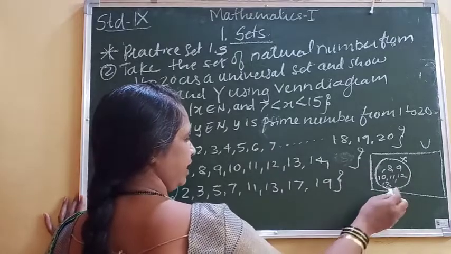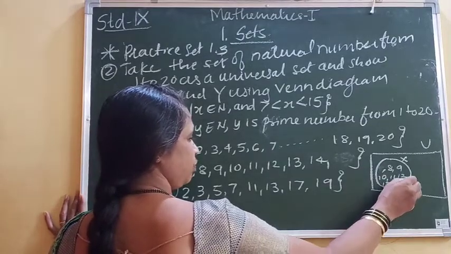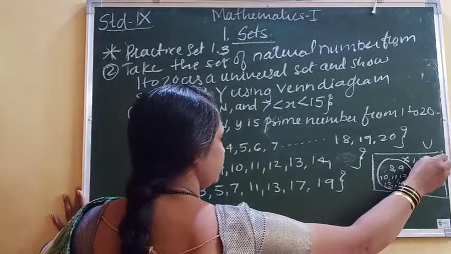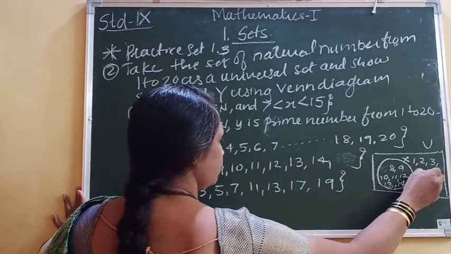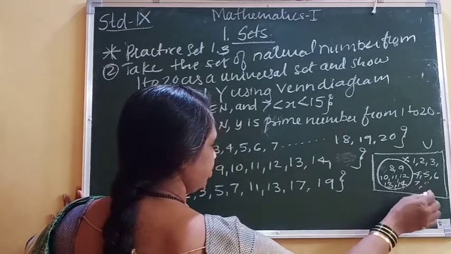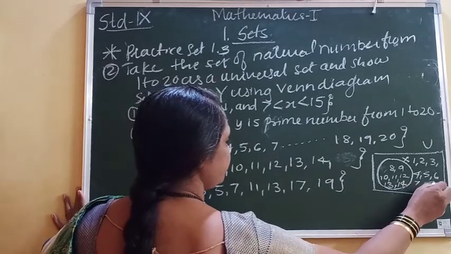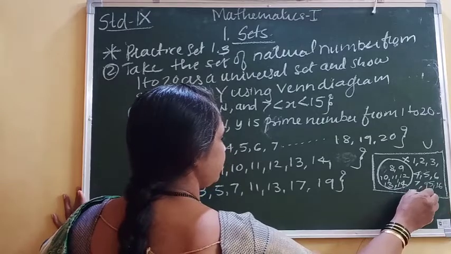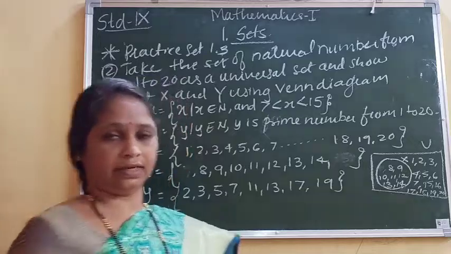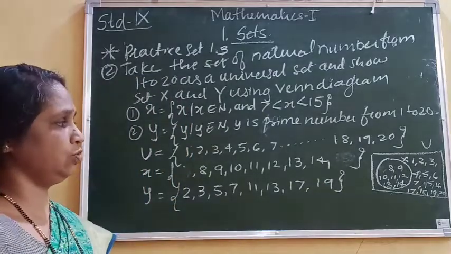Greater than 7 and less than 15 means up to here it will come. Okay. Now the remaining all in this: 1, 2, 3, 4, 5, 6, 7, 15, 16, 17, 18, 19 and 20. Like this we will represent it by using a Venn diagram.